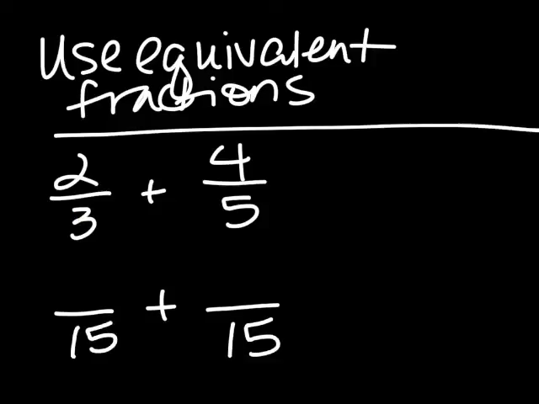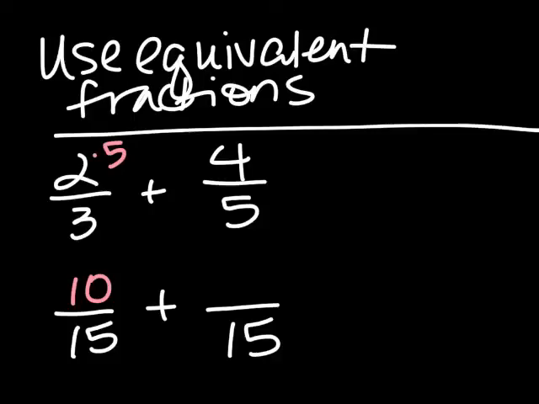And since we know that's where we're going, then we need to figure out what we multiplied the denominator by, multiply the numerator by the same thing. So to get from 3 to 15, we multiplied by 5. So we're going to multiply the numerator by 5 also, and that gives us 10. And just double check that, 10/15 does reduce to 2/3, so we know we did that right.